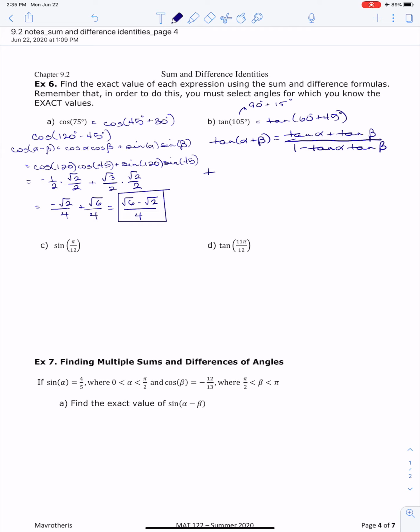That's going to be the tangent of 60 plus the tangent of 45 over 1 minus the tangent of 60 times the tangent of 45. Tangent of 60, stick these up here.